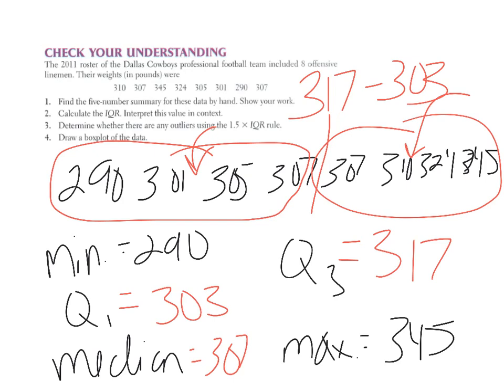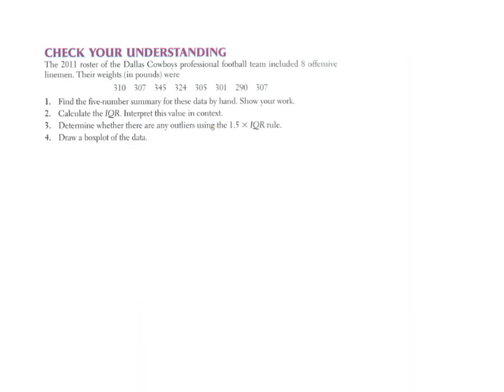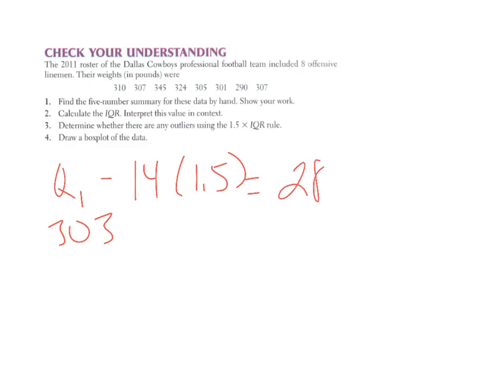Number 3 asks us to determine whether there are any outliers using the IQR rule. So I need to do Q1 minus 1.5 times my IQR, which was 14. Q1 was 303, so that gives me 282. Then Q3 plus 1.5 times 14.